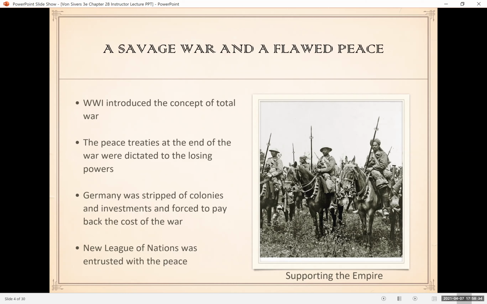The Germans will lose their emperor, Kaiser Wilhelm II. He will abdicate. And so Germany is going to be forced to create a new government without the Kaiser at the top. They're going to lose their colonies.